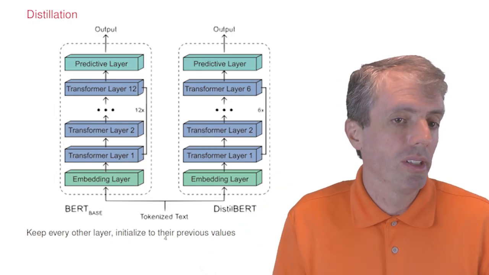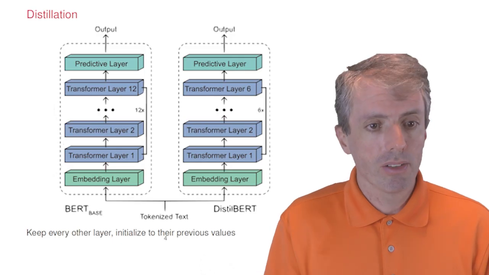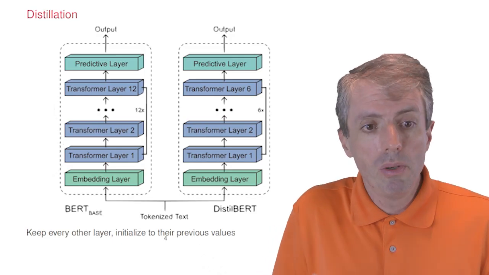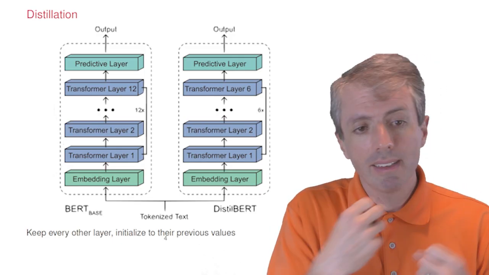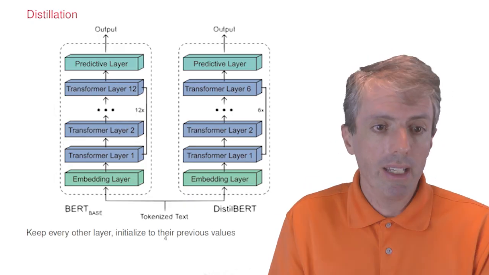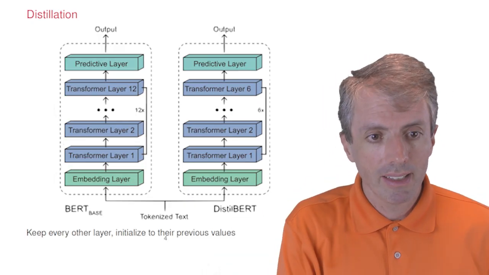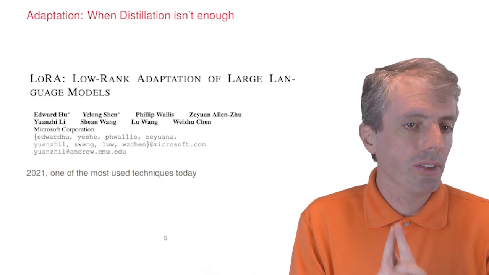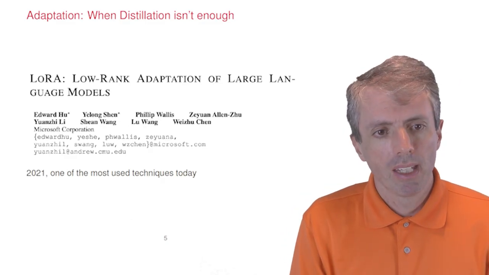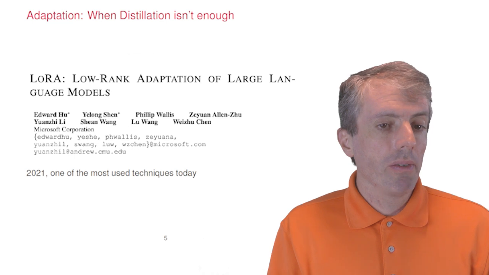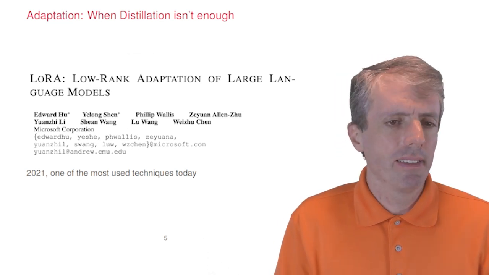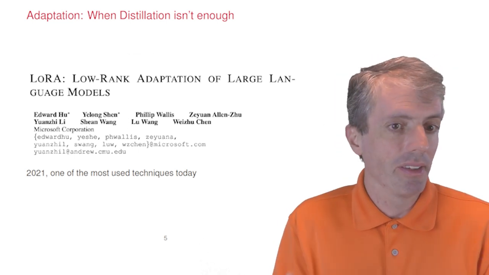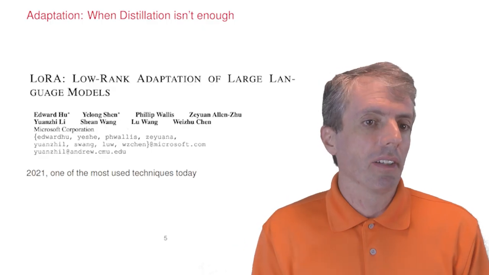Oftentimes there's duplication and redundancies in these large Muppet models that you may not necessarily need. It was necessary for training, but when you deploy it, maybe not so necessary. In addition to distillation, there's also adaptation. So distillation works when what you're trying to do is simpler somehow than the full power of the underlying model.